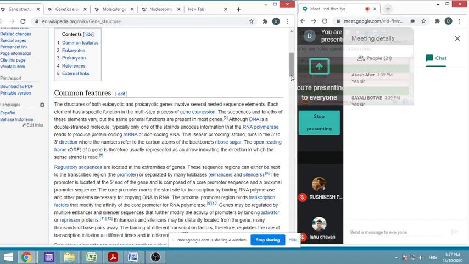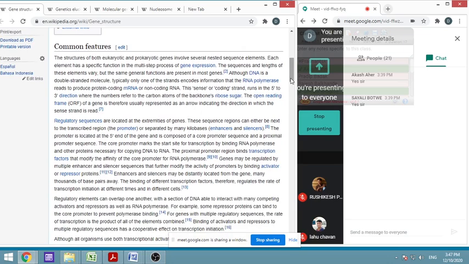Next, the regulatory sequences which are located at the extremities of the genes cause various kinds of activities. We have various kinds of agents, or moieties, or molecules.